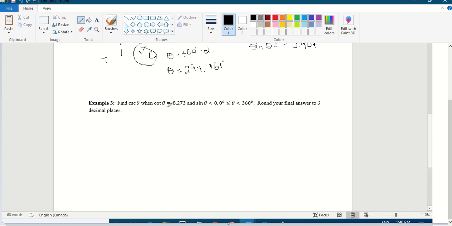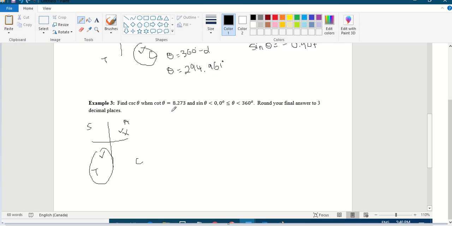We are given cot theta equals 8.273, sine theta is less than 0, and we are asked to find cosecant theta. So like the previous one, let's start with sketching this. A, S, T, C. Cot positive, meaning that tan is positive, so in quadrant 3 and quadrant 1, and sine less than 0, so that does not happen in quadrant 1, it's only in the third quadrant.